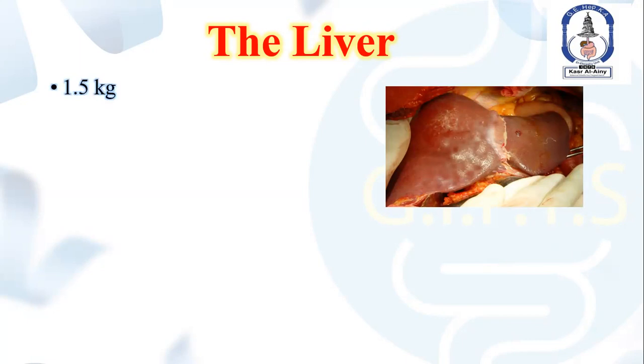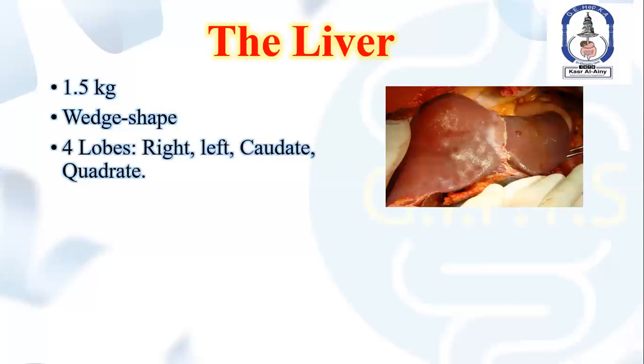Of course, this weight is variable, because if we get somebody who is tall and obese, his liver would not be 1.5 kilograms. It would be much more than that. It's wedge shaped, as we can all see.